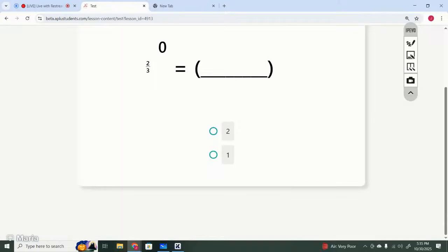2 by 3 exponent 0. So any number that has the exponent 0 equals 1. The correct option is 1.